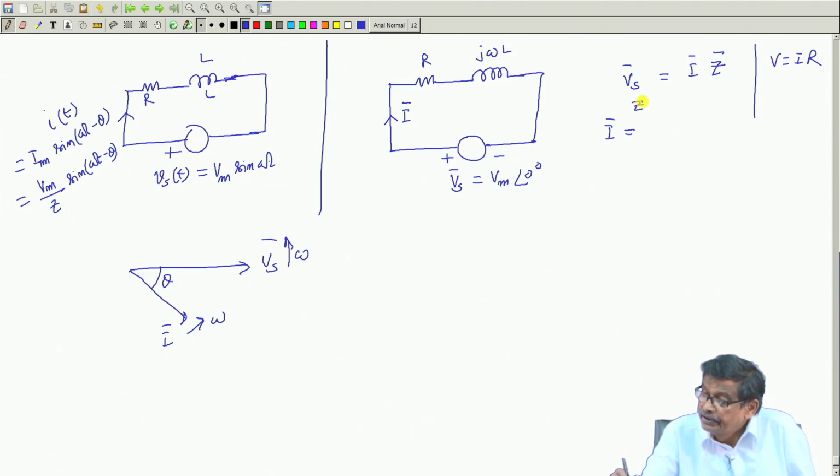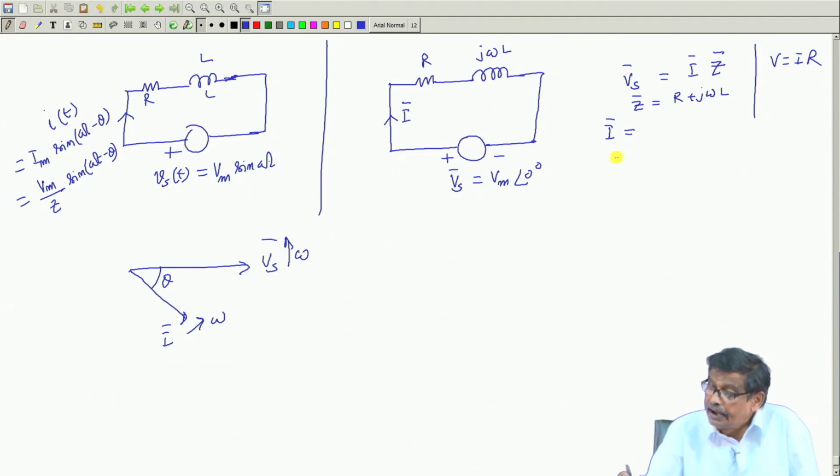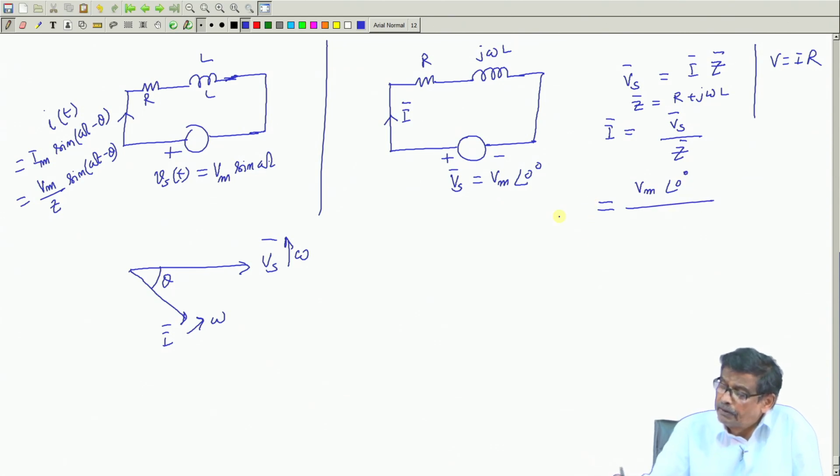After establishing this, henceforth I will represent the supply voltage as Vm angle 0. I will find out Z bar like this, and say that my current in the circuit will be V s bar by Z bar. What is V s bar? Vm angle 0 degree. What is Z bar?